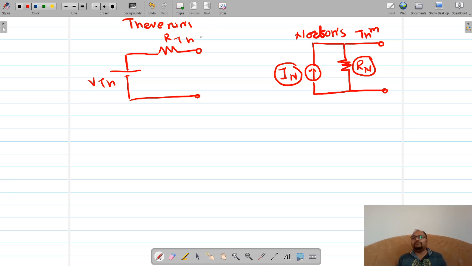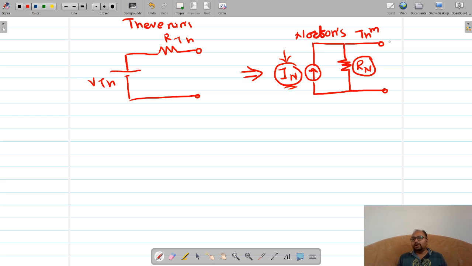On the other side, Norton's theorem converts the given circuit in such a way that it consists of a Norton's current, with the equivalent resistance connected parallel to this current source.